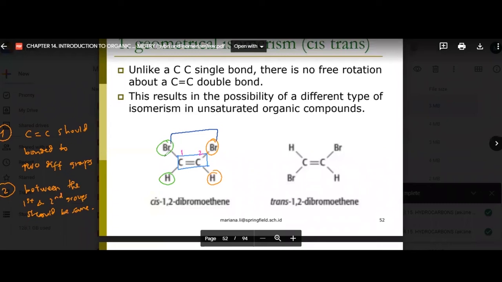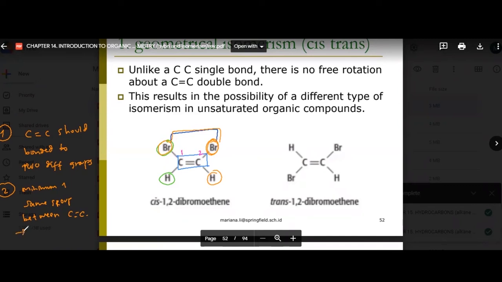So minimum one same group between the two carbons, here Br and Br on the same side. So this is cis isomerism.